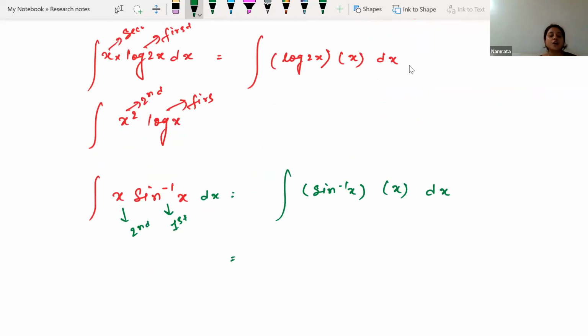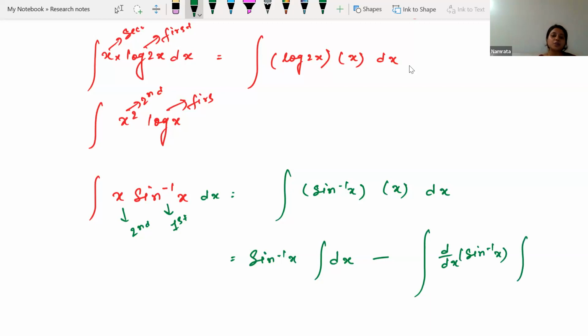Now the formula is first function, integration of the second function, minus derivative of first function. What is the derivative of sine inverse x? d/dx of sine inverse x.